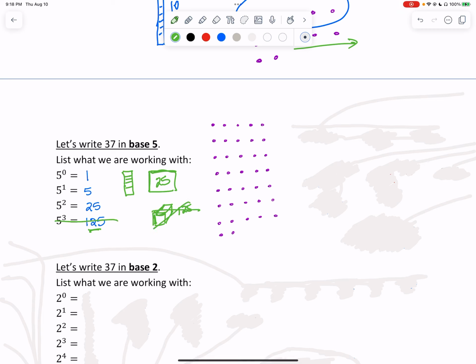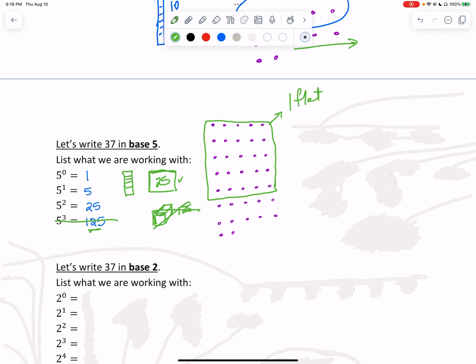We don't have enough blocks. Okay, but we have 25. So let's see if we can make a flat. So here, 5, 10, 15, 20, 25. Right here, those 25 I could turn into a flat. So that would make one flat.